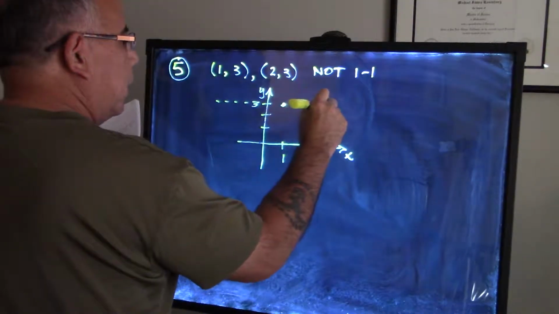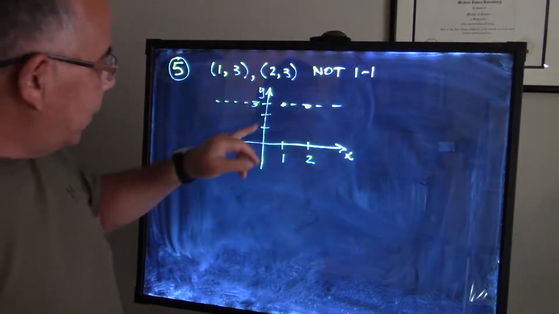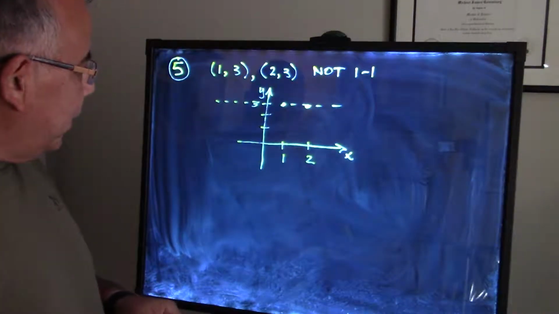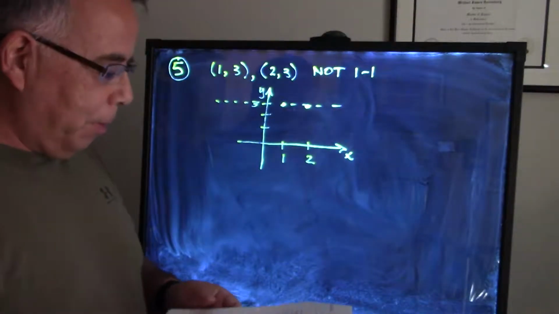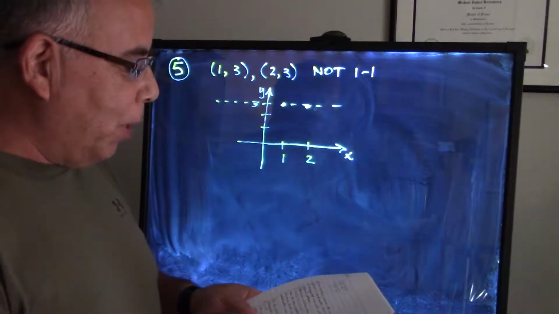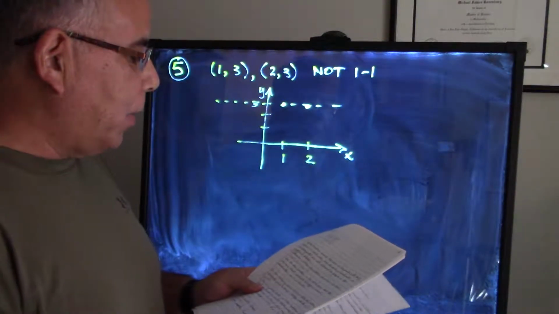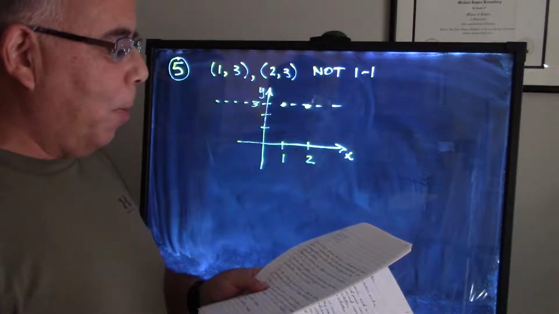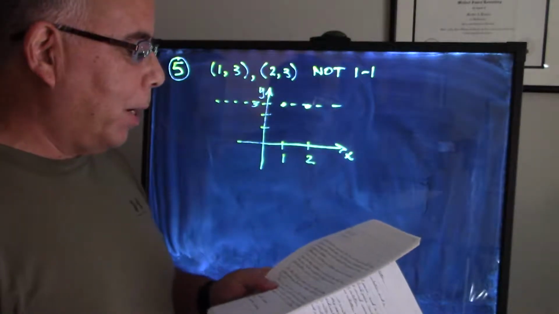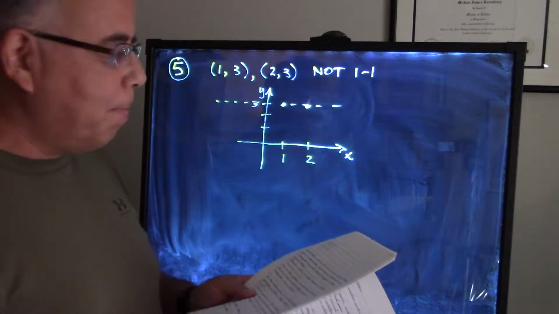Draw a horizontal line. It touches this relation in more than one place. So this is not a one-to-one function. Now if the function is one-to-one, no 2 points will have different x coordinates but the same y coordinates. So no horizontal line will intersect the graph in 2 different places. Okay?